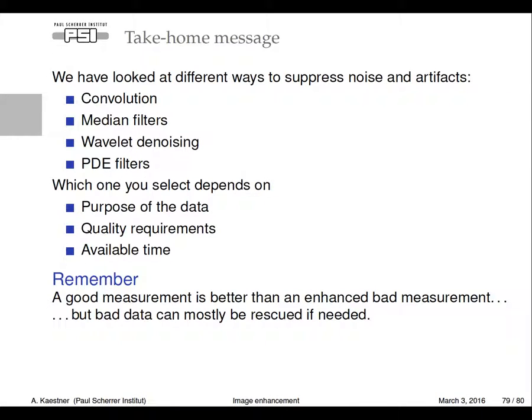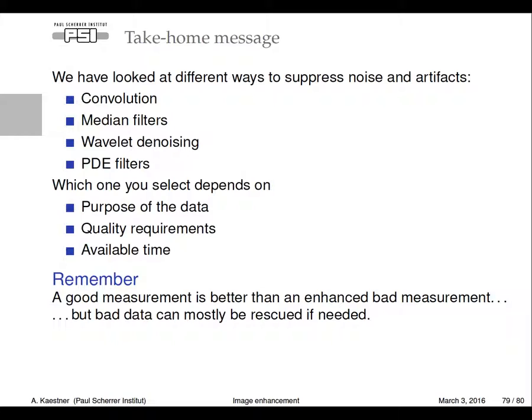So, I'm about at the end. Some take-home messages. We have looked at, first of all, different noises and artifacts, and then followed up with different ways of suppressing these effects to get as nice information as possible from the data.